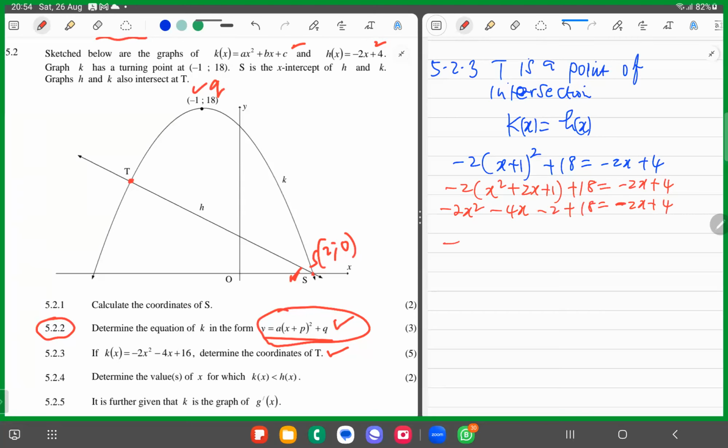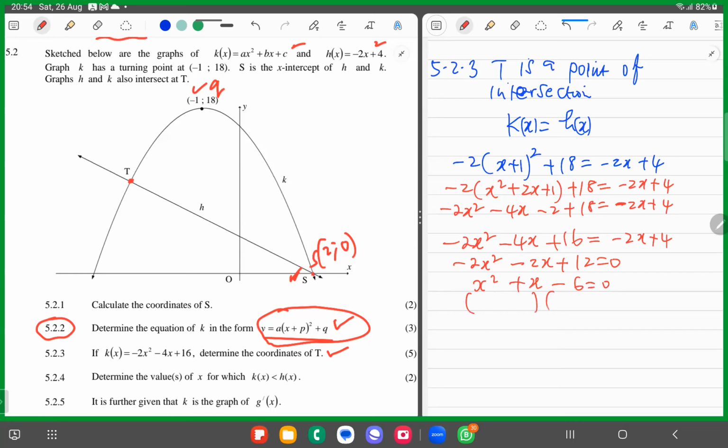So we have minus 4X minus that. So we have minus 2X. You bring down the other minus 2, it becomes minus 2X, and then this becomes plus 12 if you subtract 4, equals 0. We divide through by negative 2, which means that we have X squared plus X minus 6 equals 0.